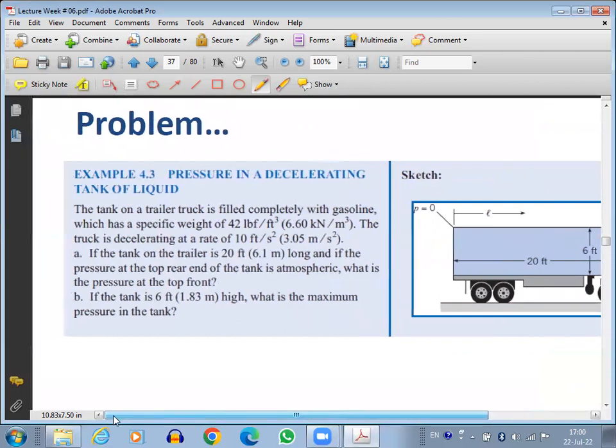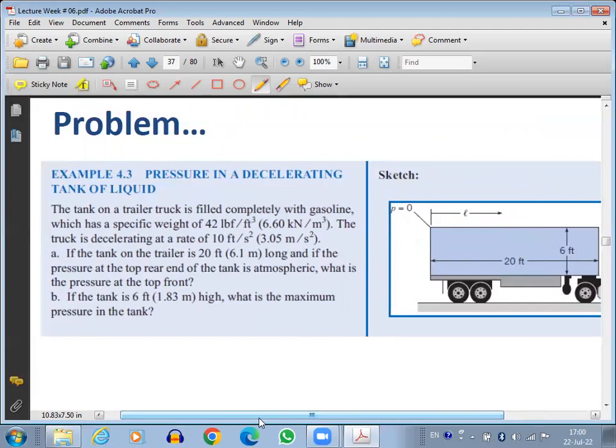Okay, so now let's discuss this problem. Pressure in a decelerating tank of liquid. A tank on the trailer truck is filled completely with gasoline. So what is gasoline? Gasoline is not a gas. Petrol, but the other name for petrol is gasoline.